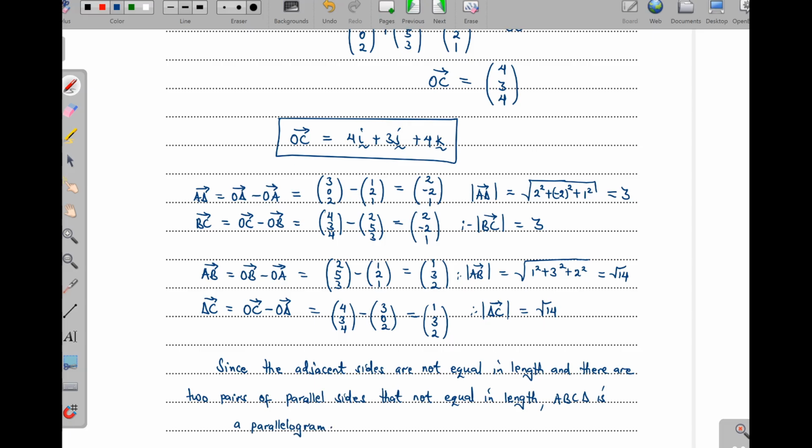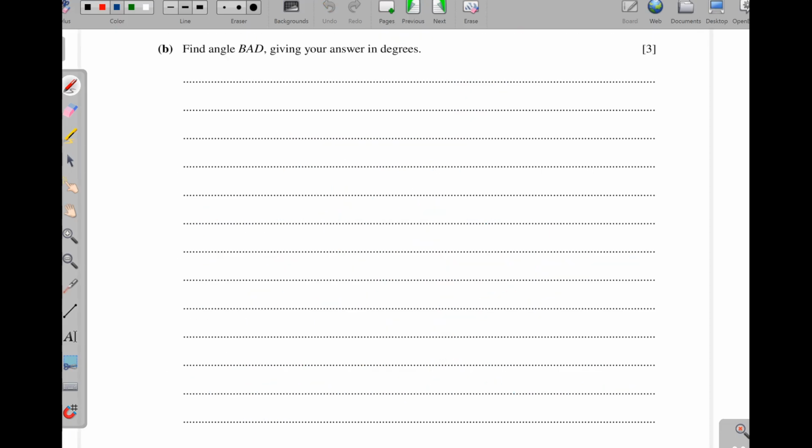So for the rhombus, all lengths must be what? Equal. But find the angle BAD, giving your answer in degrees.